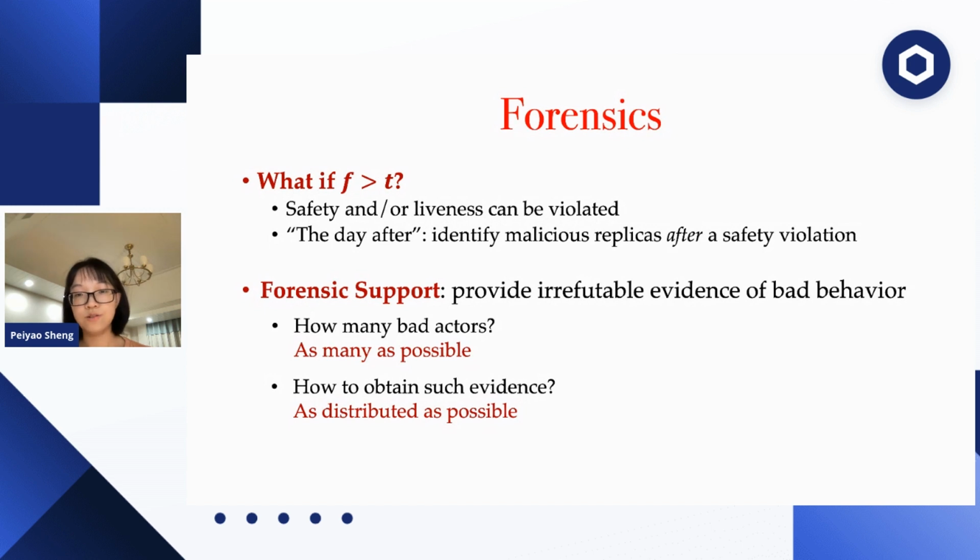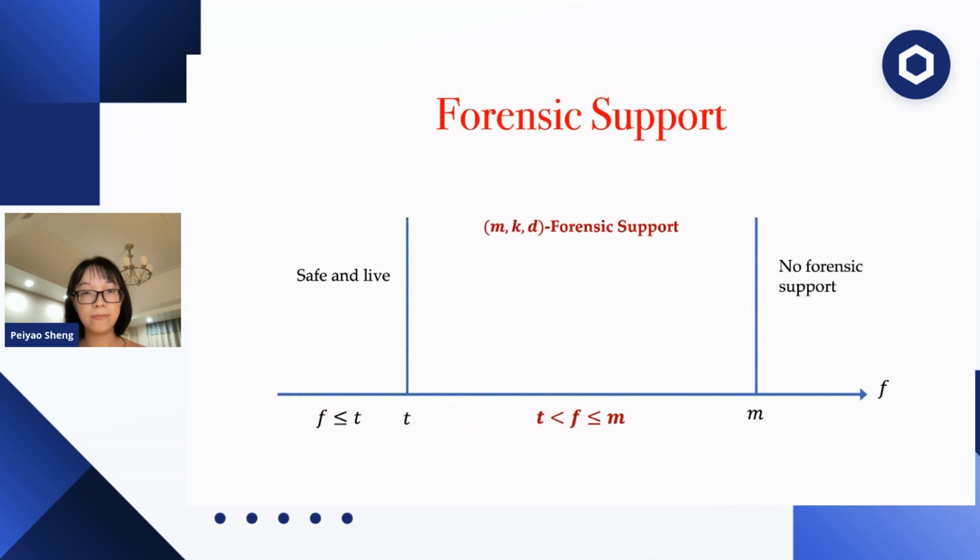And naturally, there are two follow-up questions to solve. First, how many bad actors can we detect? Can we find as many as possible? And the second, how to obtain such evidence? Can we get it in a most distributed way? Keep these two questions in mind.